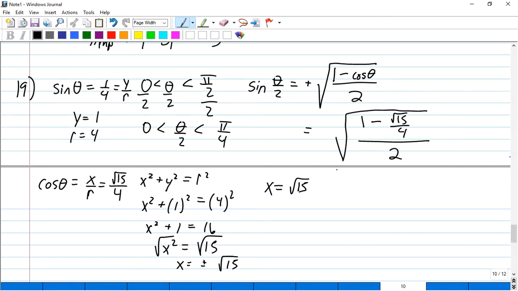So what we want to do now is multiply the numerator and denominator under the radical times the same number so that you can get rid of the fraction and you can take the square root of the denominator.